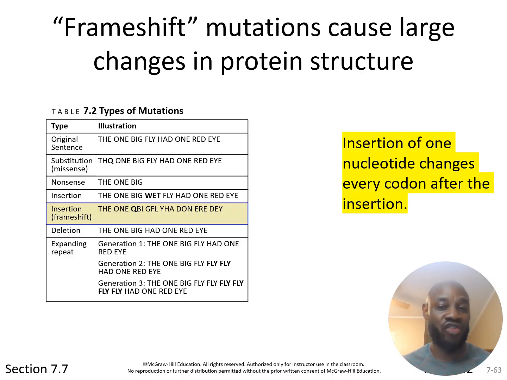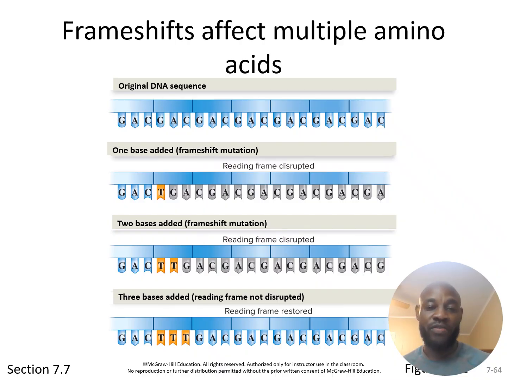That would be a frame shift, and it would affect multiple amino acids, as you see here. If the protein is normally 10 amino acids long and I add a nucleotide in the middle, I could have 5 different amino acids. So it would change half my protein. That would be a major mutation.